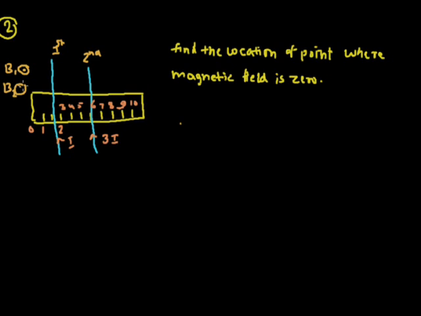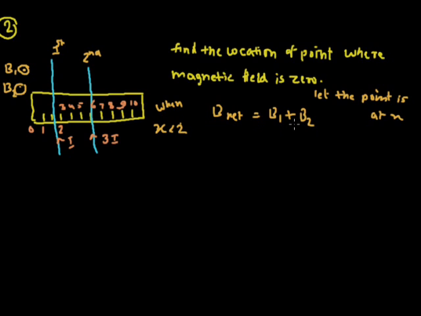So here net magnetic field will not be 0. The net magnetic field will be simply B1 plus B2. Okay, so let the point where the net magnetic field is 0 be x. When x is less than 2, B net will be B1 plus B2.